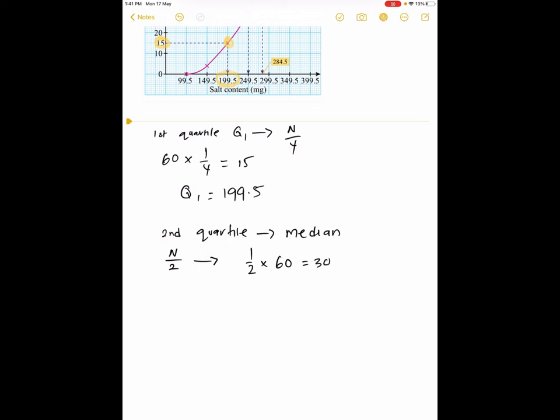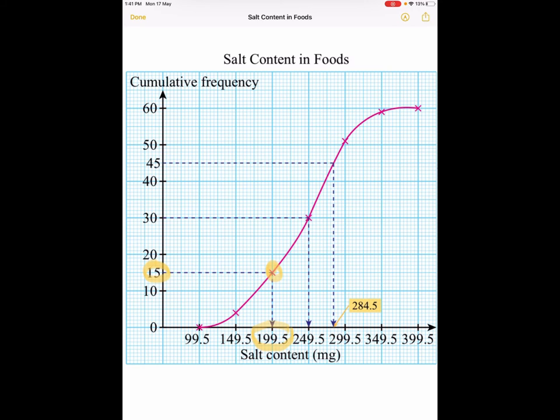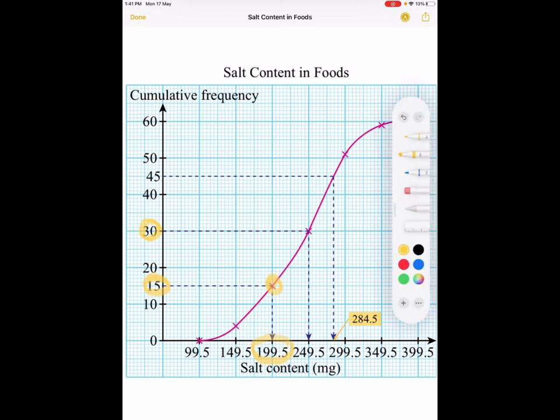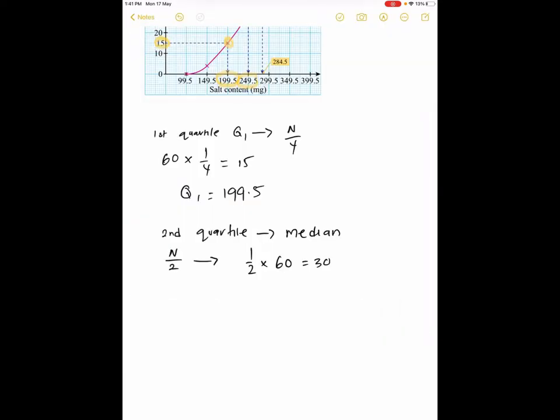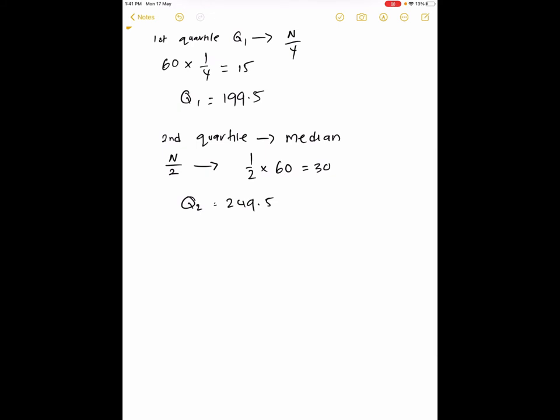We go back to the graph and find that 30 is located between 20 and 40, which is here. We go to the right until we touch the line, and then we go down until we find the value, which is 249.5. So Q2 is 249.5.